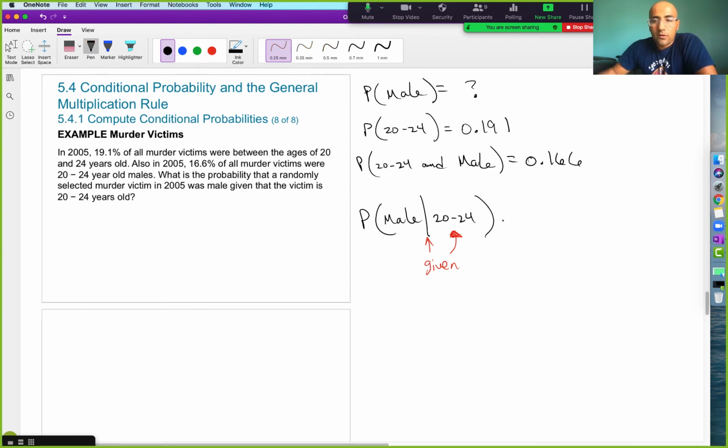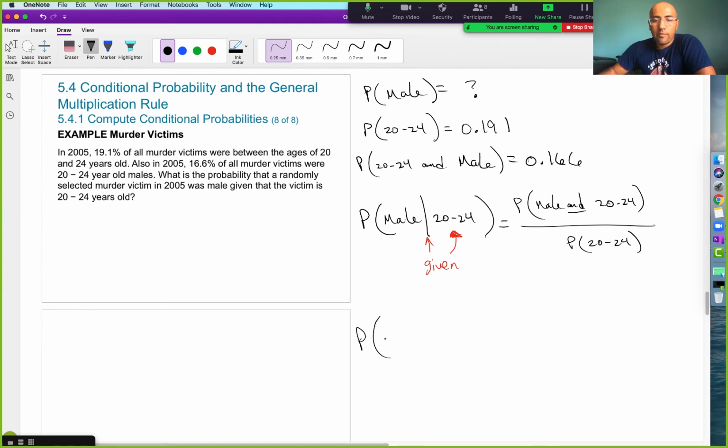According to our formula, this is equal to the probability of being male and between the ages of 20 to 24, divided by the probability that you're between the ages of 20 to 24. That's the formula we have.